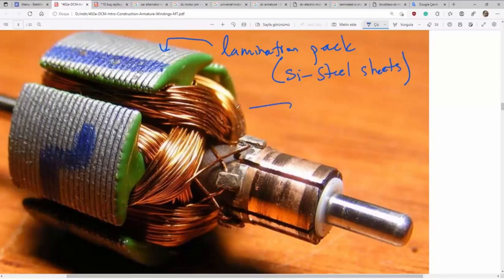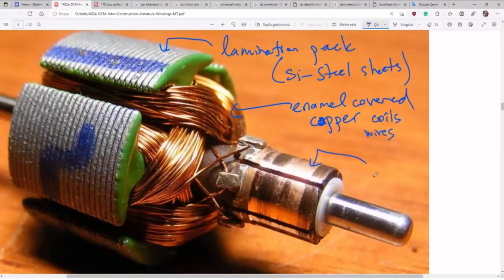Here you see enamel covered copper coils, copper wires.